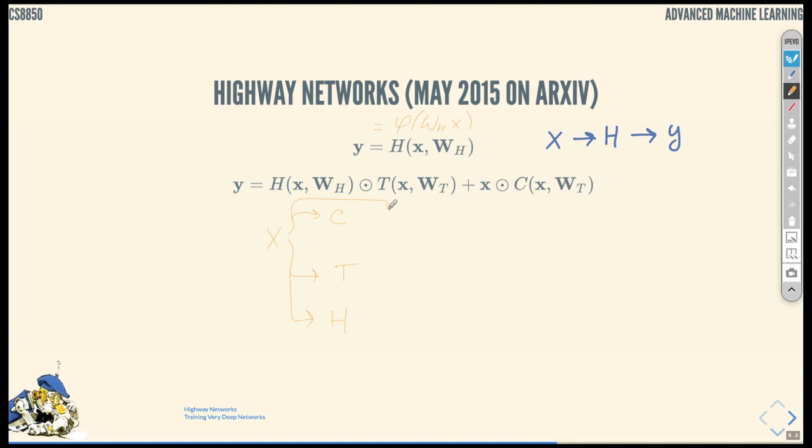This solid line says x just goes through. Here is where the gating is happening, and here it is happening as well, but for a different gate. Then we add whatever can pass through. Let's be careful here.